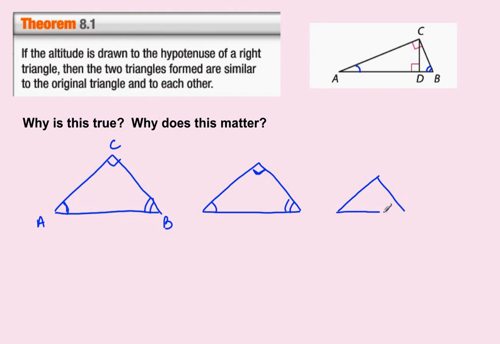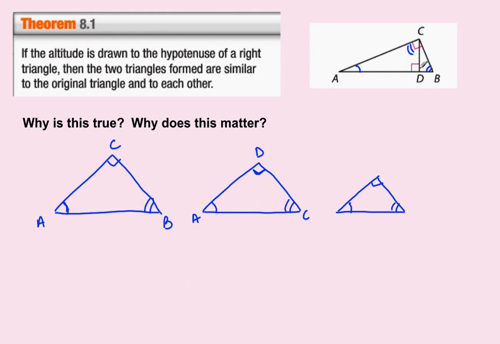I'll go back and put the labels on in just 1 second. 2 arcs, 1 arc. So in my medium-sized triangle, the 1 arc is A, the right angle is right here, and that's D, and then the 2 arcs must be here. I guess that's the third angle theorem in action. If these two angles are congruent, then the third pair must also be.